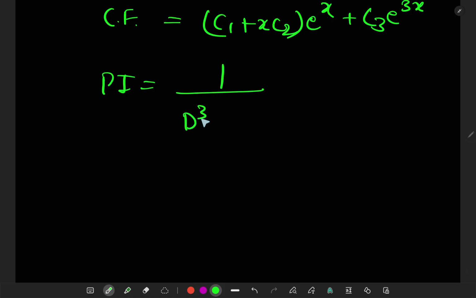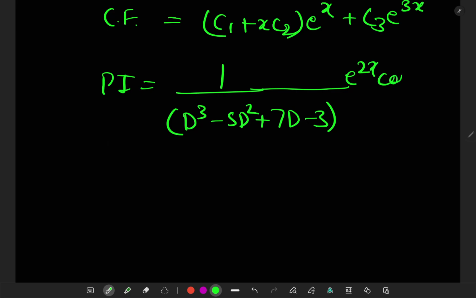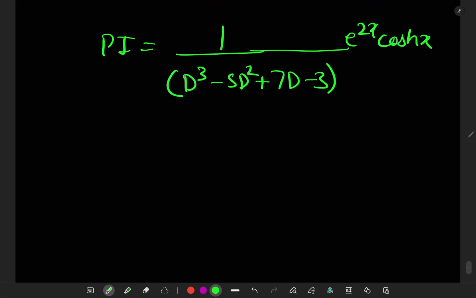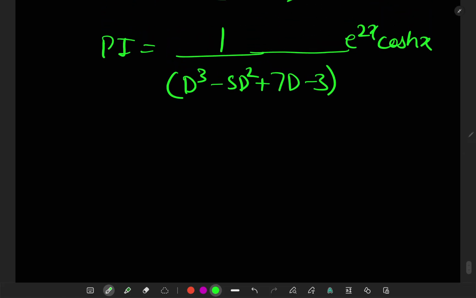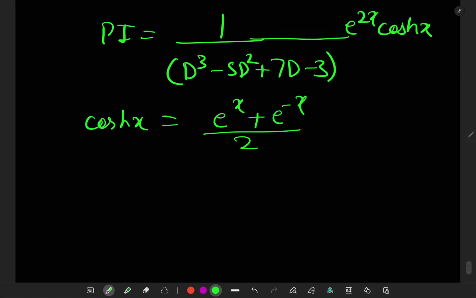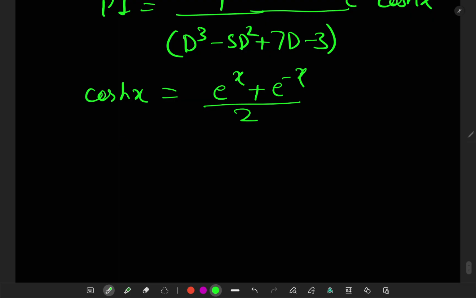1 by d cube minus 5d square plus 7d minus 3 e raised to power 2x cos hyperbolic x. Cos hyperbolic x is equal to e raised to power x plus e raised to power minus x divided by 2. So we can use this here.